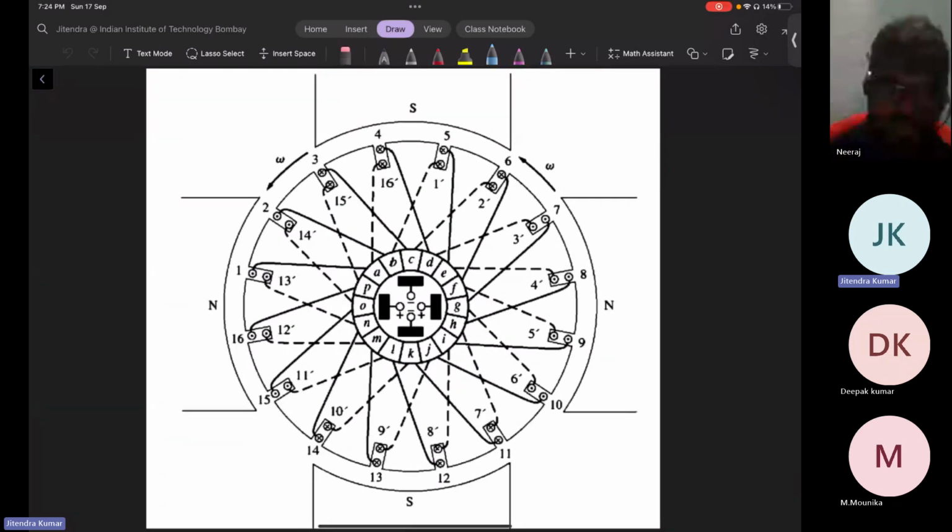So this is a four pole, right? Yes, sir. Here this flux will have to travel, right? This should be the path. Please excuse me for a minute, sir. Definitely, take your time.